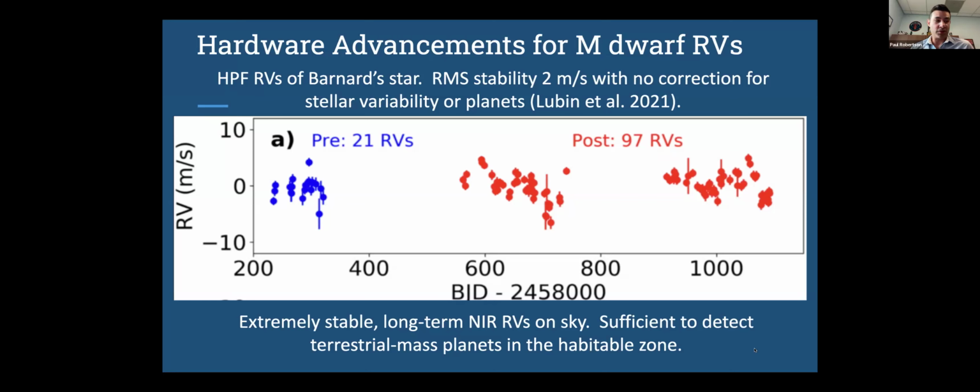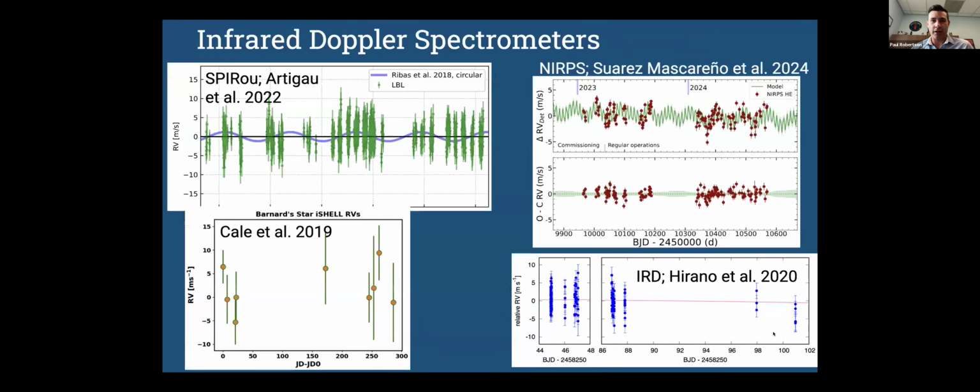And I don't need to spend too much time on this since Etienne is going to talk about this next month, but there is now a whole fleet of infrared Doppler spectrometers on sky. I'm highlighting a few of them here. And I was going to call this slide Flat Lines on Barnard's Star, but the recent NIRPS publication highlighted Proxima instead. And so we're seeing a flat line in the residuals around the planetary system there.